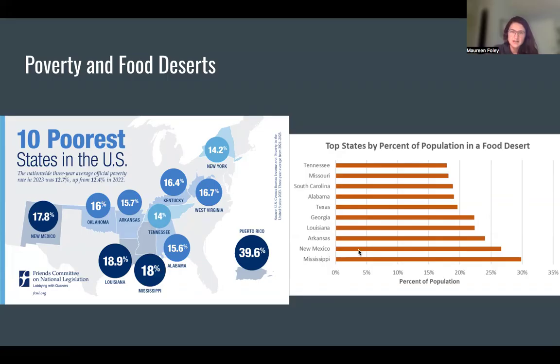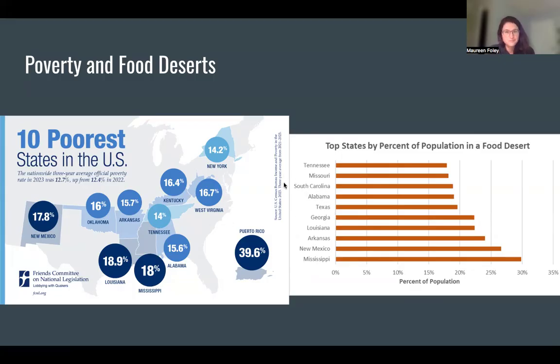And then we've got New Mexico. They're over here. They've got 17.8% of people living below poverty level. We've got Arkansas. Yep, there they are, 15.7%. Louisiana, where are they? They're here, 18.9%. Highest rate of poverty in the US outside of Puerto Rico. So that's pretty self-explanatory.